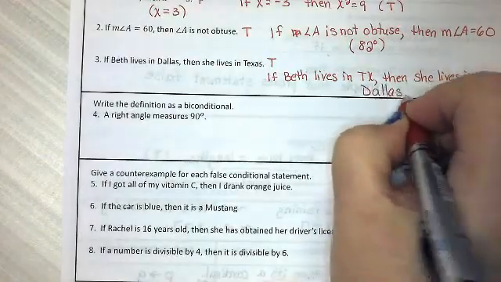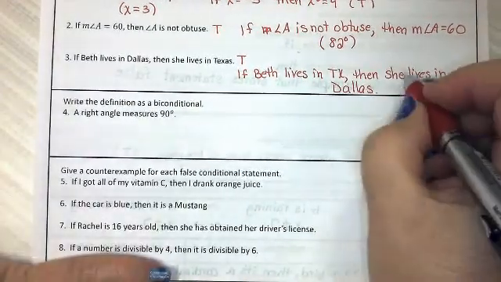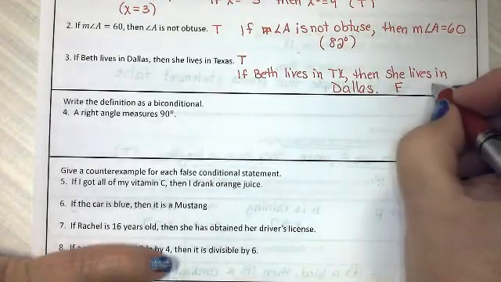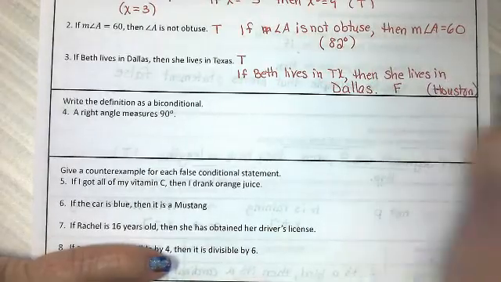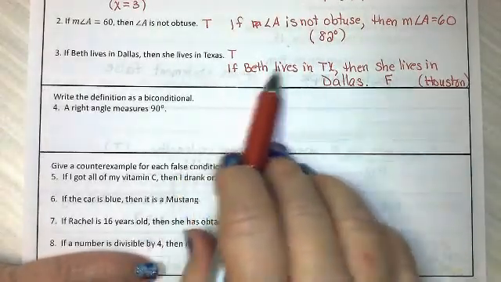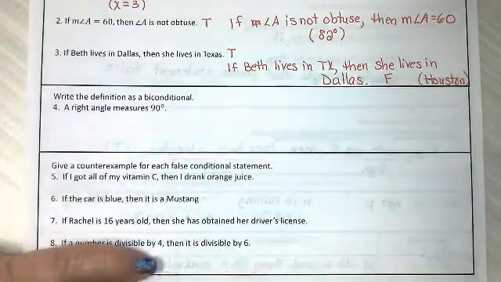Well, I mean, Dallas is pretty big, but no. Just because she lives in Texas doesn't mean she lives in Dallas. Think of a counterexample. Houston, Fort Worth, Tyler, San Antonio. So we're saying, okay, give me a Texas city that's not Dallas. Those would be my counterexamples.